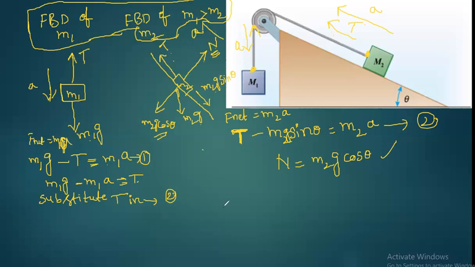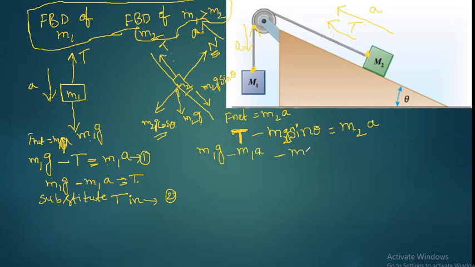So what are we getting now? Substitute. So what is our T? M1g minus M1a minus M2g sin theta is equal to M2a.